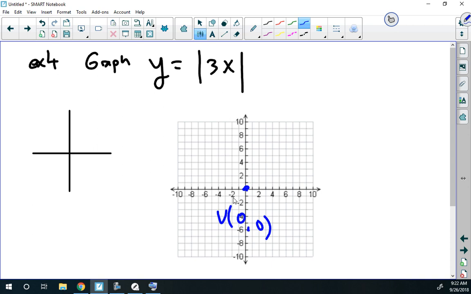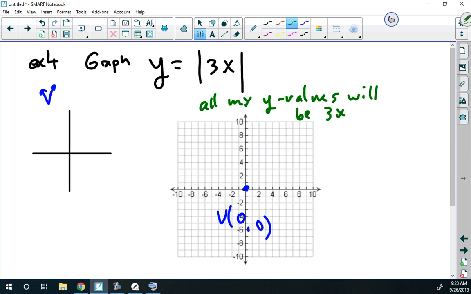I don't see a negative sign, which means it's still going to be an absolute value function, a V-shaped thing that opens up, right? There's only one thing that changed, that 3. And that 3 tells me all my y values will be 3 times as large.